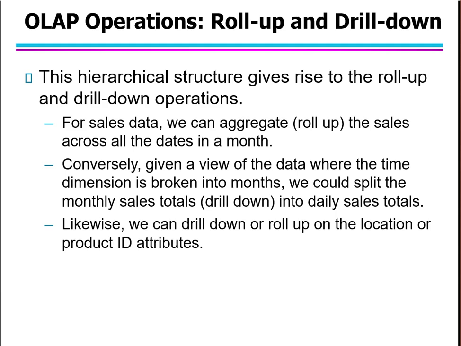Conversely, drilling down involves breaking down data into a lower level of the hierarchy. Given a view of data where the time dimension is broken into months, we could drill down to see daily sales totals. We can perform similar operations on other hierarchical dimensions such as location or product category as well.